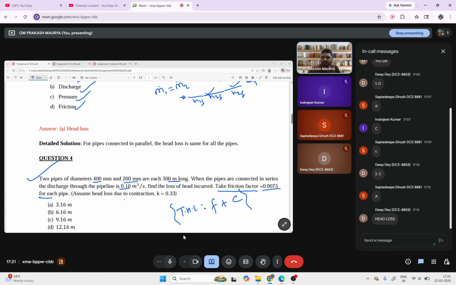Here it is a little bit calculative question because you have two pipes in series and another head loss due to contraction along with friction head loss.